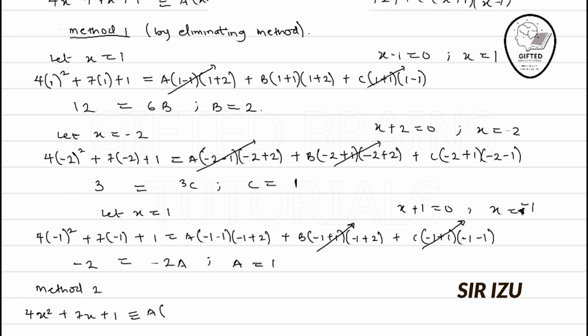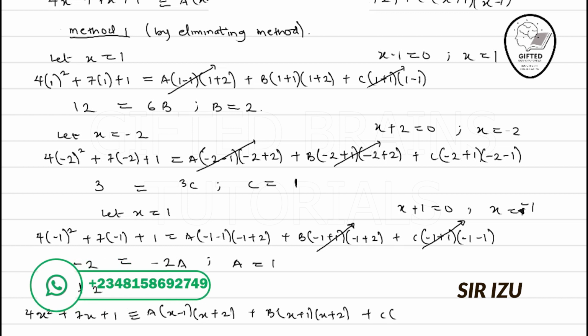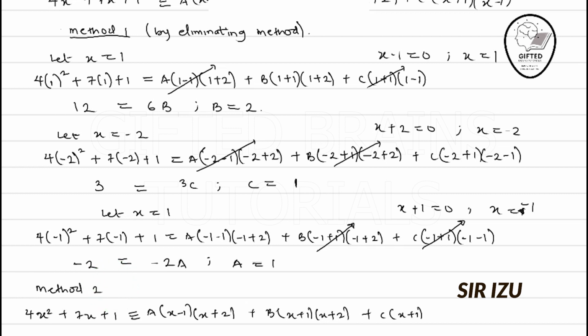A into x minus 1, x plus 2, and then plus b into x plus 1, x plus 2, and then plus c into x plus 1, x minus 1.